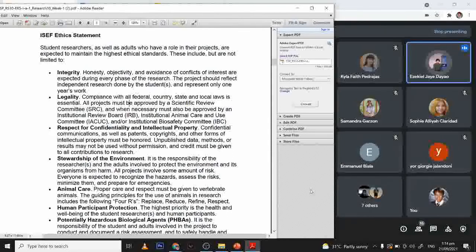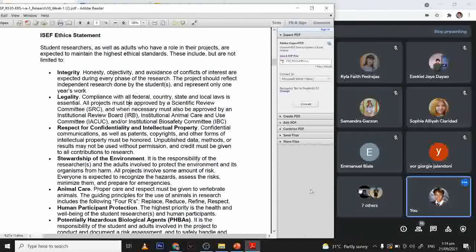Next, third, respect for confidentiality. Read. Yes, Per. You were raising your hand earlier. Go, Per. Confidential communication as well as patent, copyrights, and other forms of intellectual property must be honored.